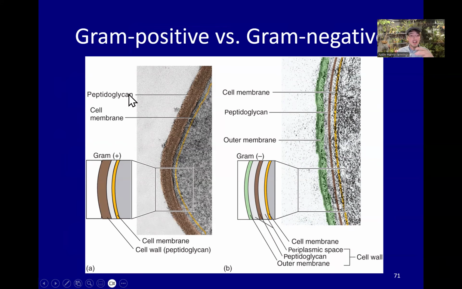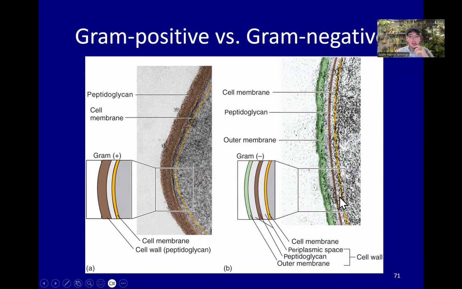But this is the structure of a gram-positive and a gram-negative, where the gram-negative has three layers: the outer membrane, the cell wall, and the inner membrane. And that cell wall is really thin in the negative.